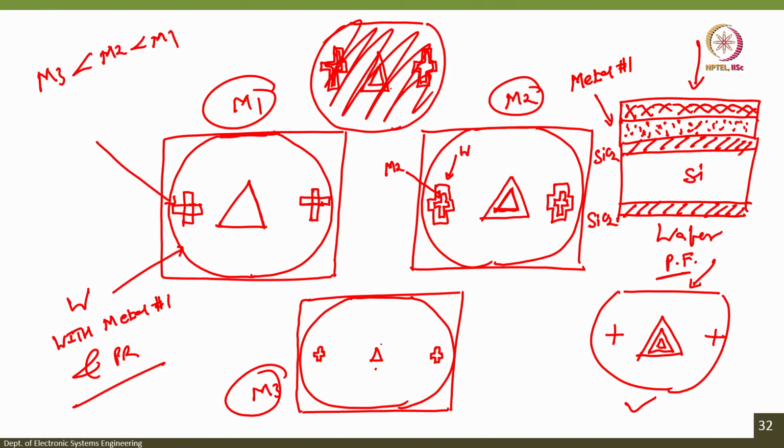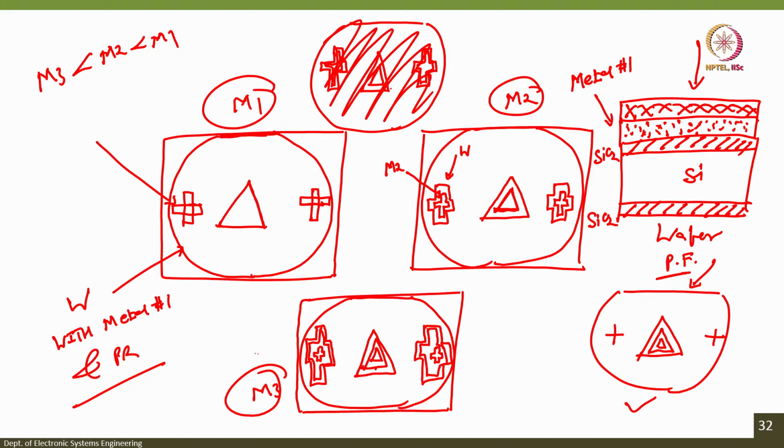So, my wafer would already have 2 triangles and alignment marks, something on this domain and the second alignment mark like this.